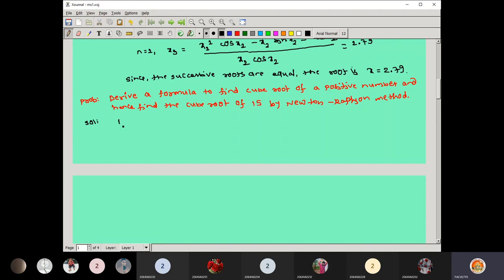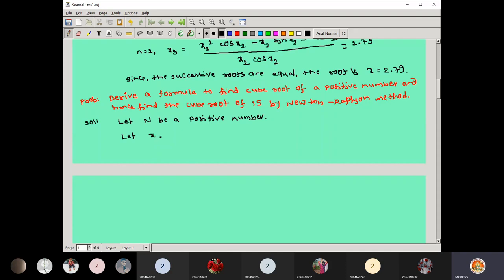There is actually no specific positive number, so I'm supposing, let capital N be a positive number. What is your target? Your target is to find the cube root of that number.